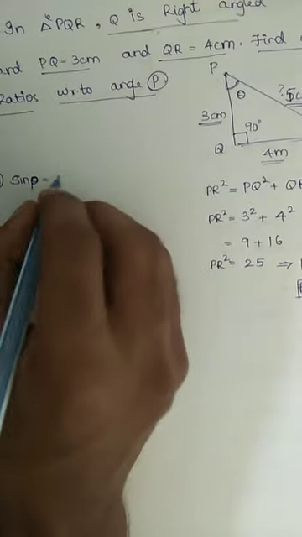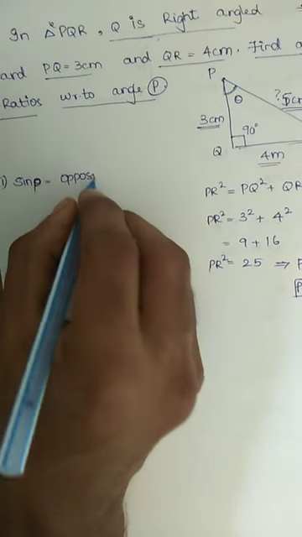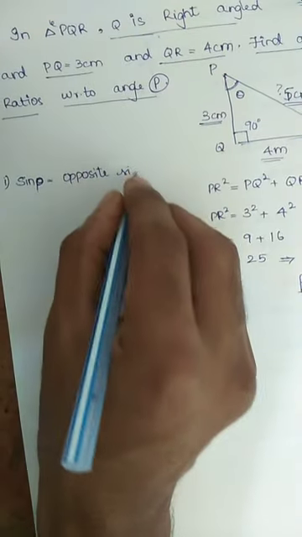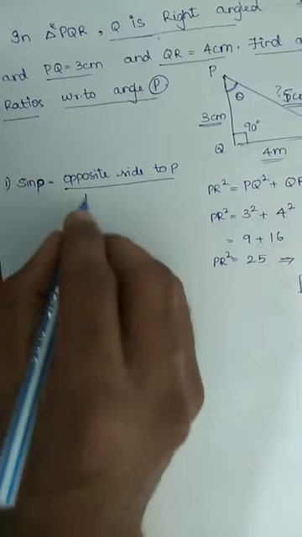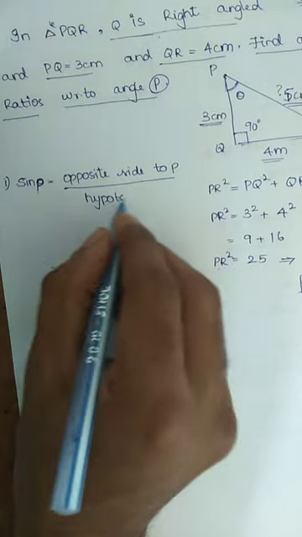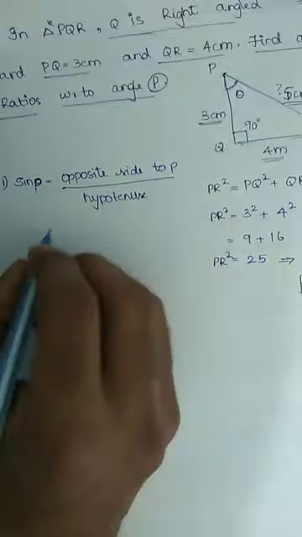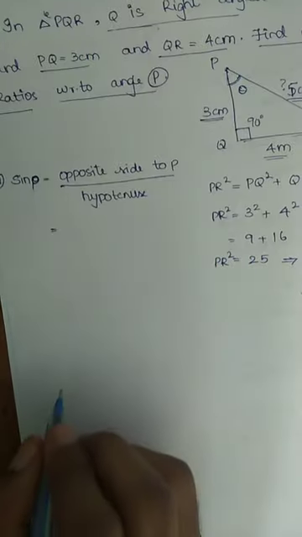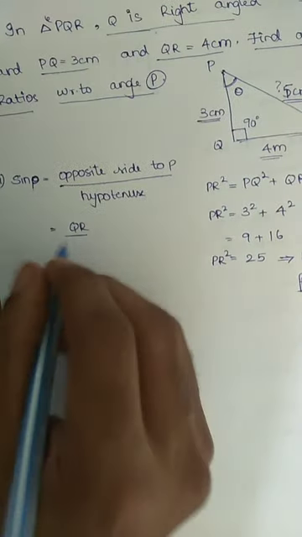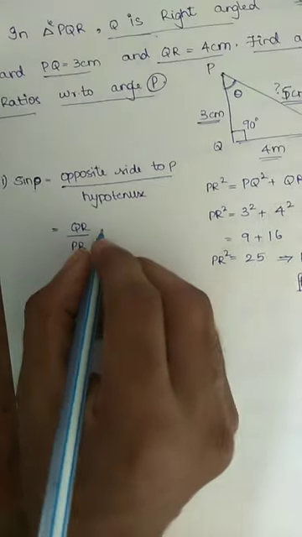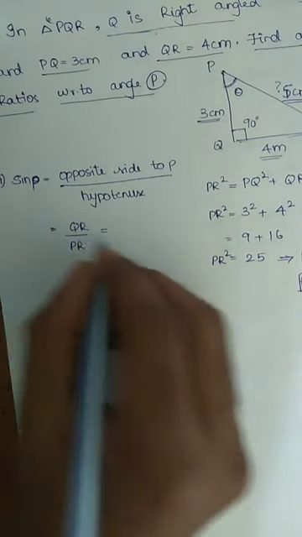Sin P, what is sin P? Opposite side to P by hypotenuse. What is opposite side to P? It is QR by, what is the hypotenuse? It is PR, which is equal to, what is QR?